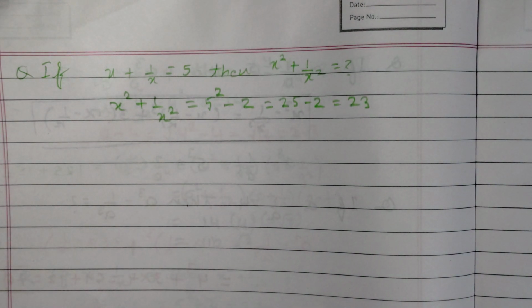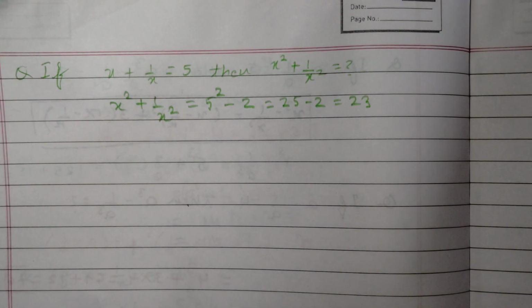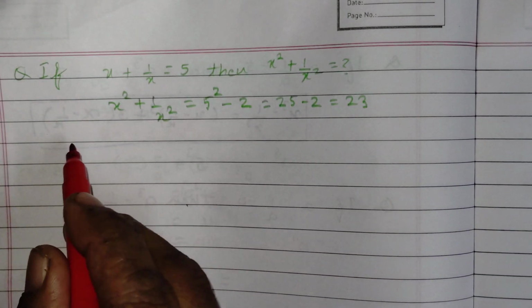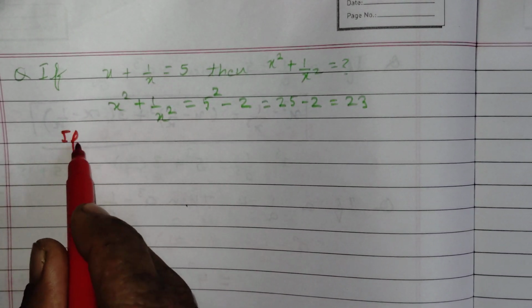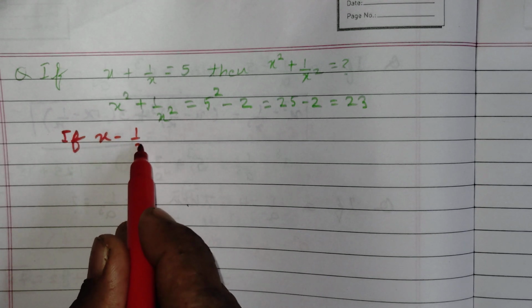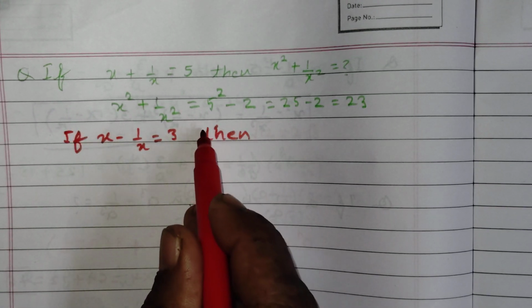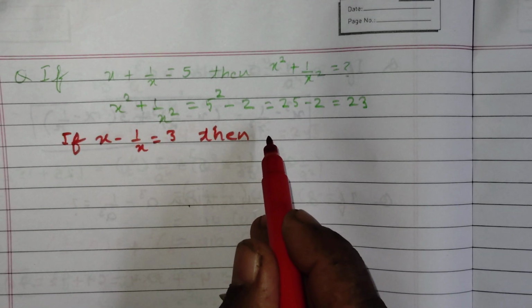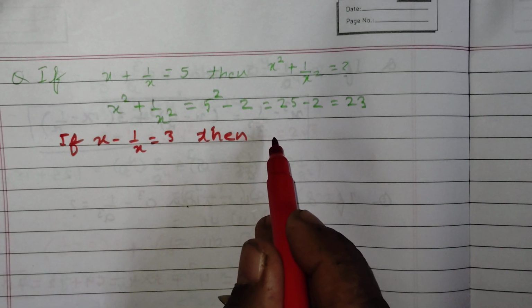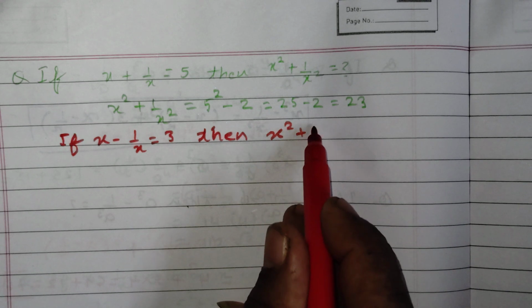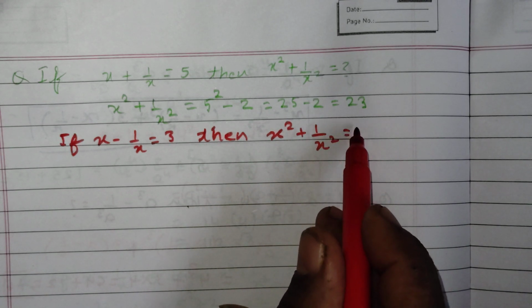The next question is, if x minus 1 upon x equal to 3, then find out x square plus 1 upon x square.